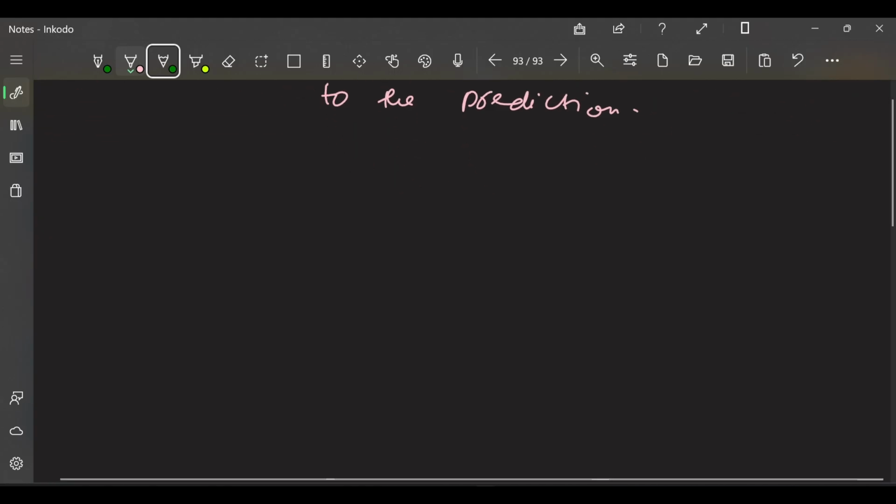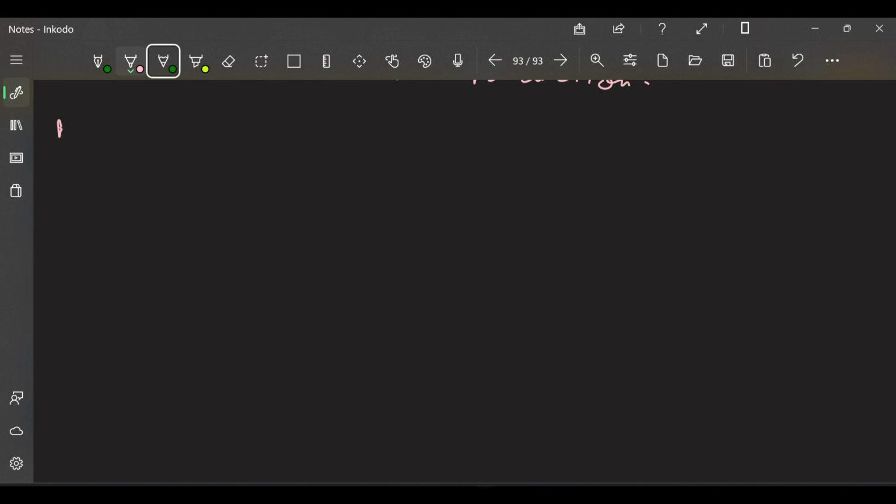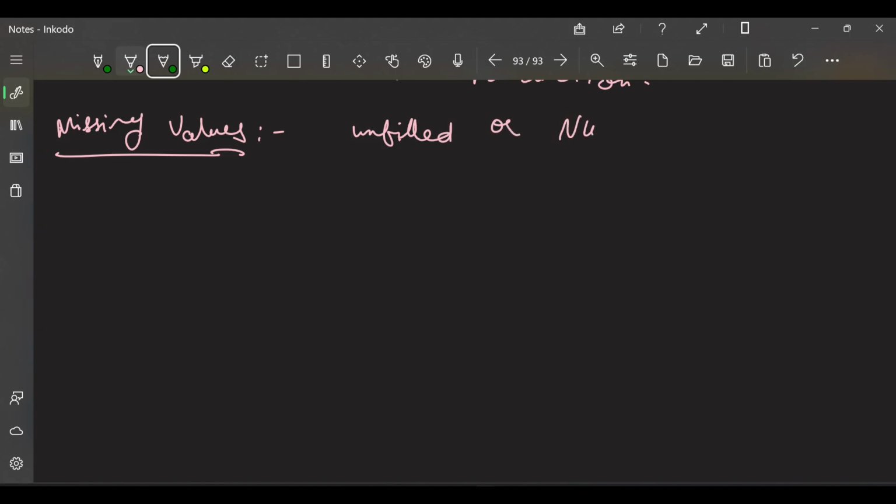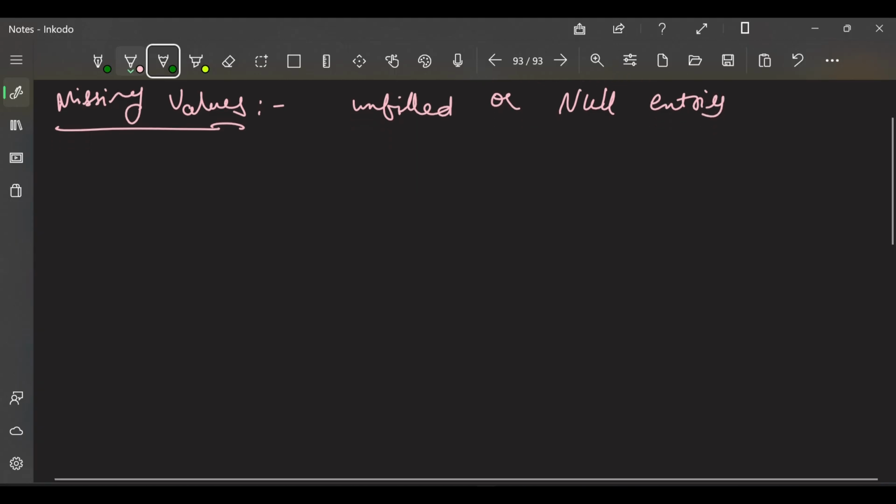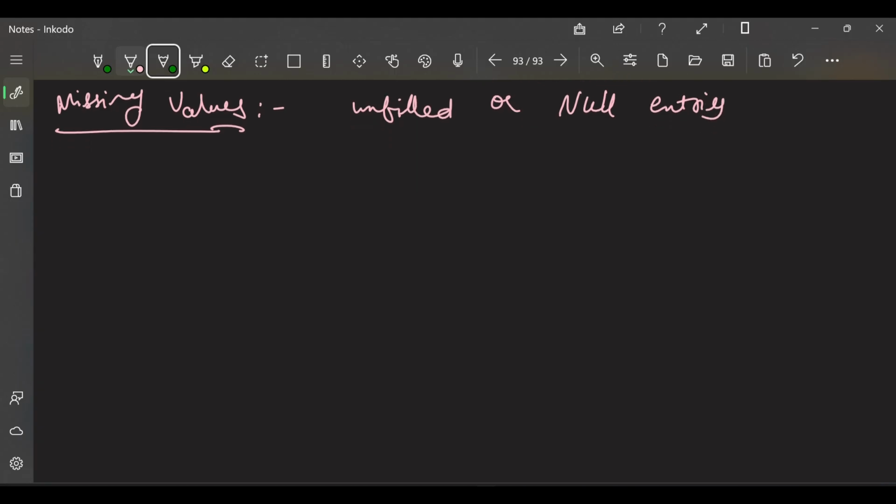The last one is missing values. As the name suggests, unfilled or null entries. For example, the salary column is missing for some employees.